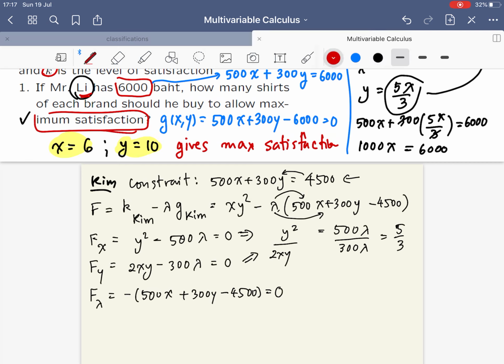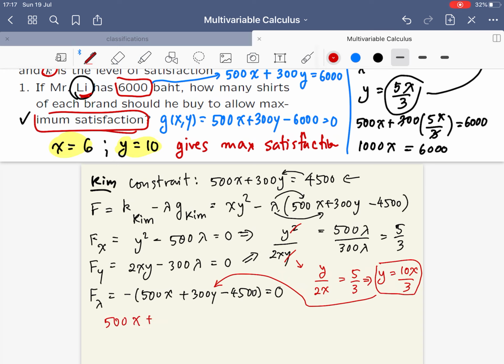And one of your y cancels. So you end up with y over 2x equals 5 over 3, or your y equals 10x over 3, and you can just replace your y into your constraint.